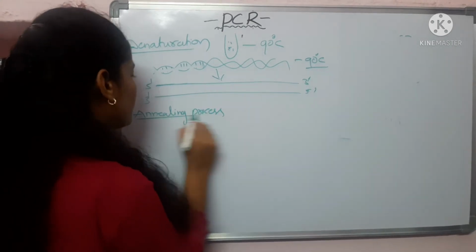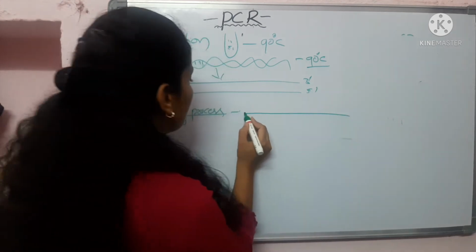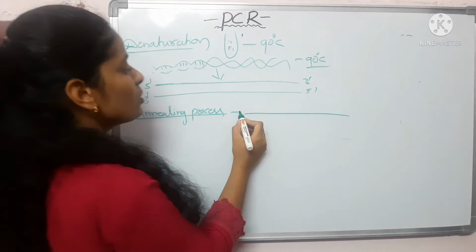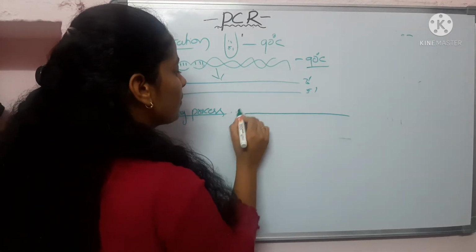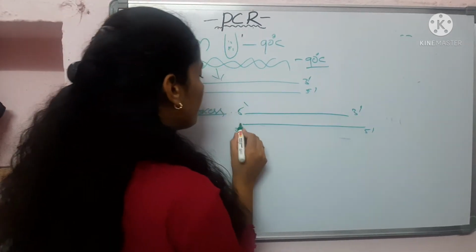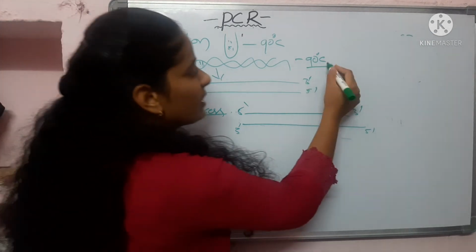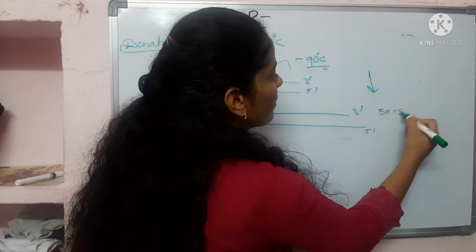What happens in annealing? In this sample we have added our primers. Here we have 5 prime to 3 prime. In this annealing process, the temperature is decreased from 90 degrees to 50 to 55 degrees.